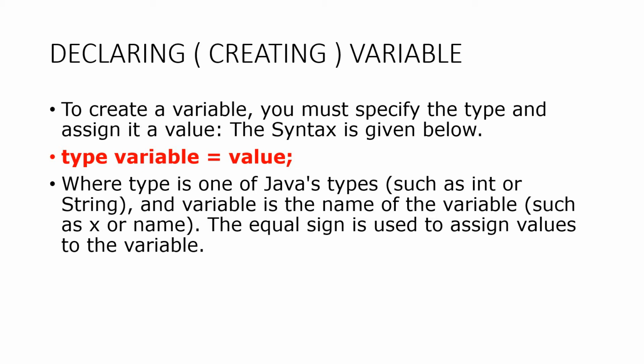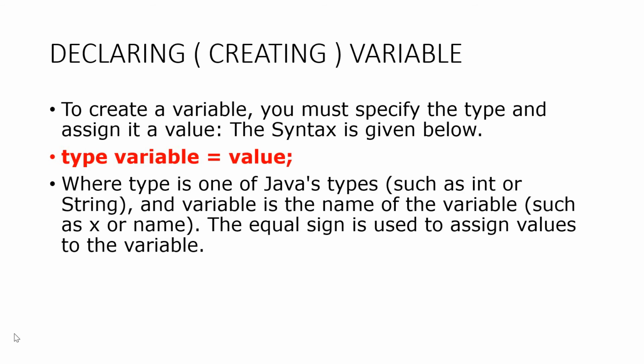In Java, every line of code ends with a semicolon. Type is one of Java's types, it can be int or string, and variable is the name of the variable. It can be x or any name you can give. The equal sign is used to assign that value to the variable. That we will discuss later.